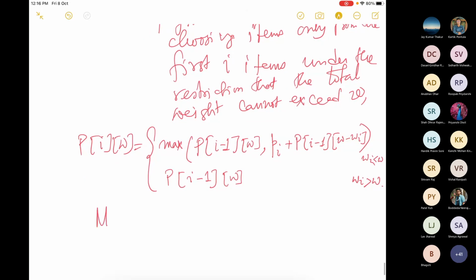And the maximum profit is obtained in which cell? P[n][W].